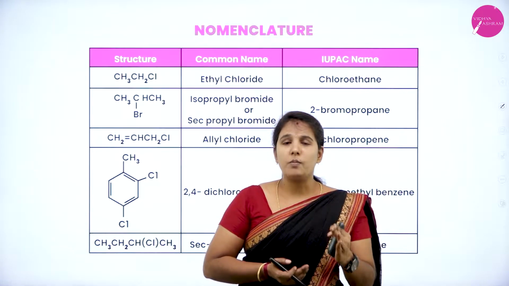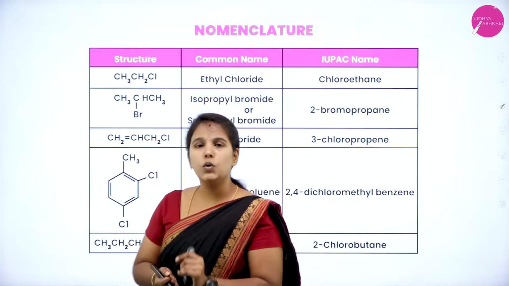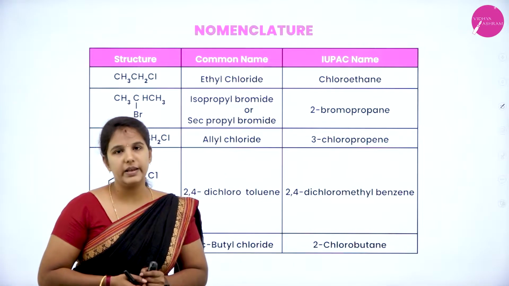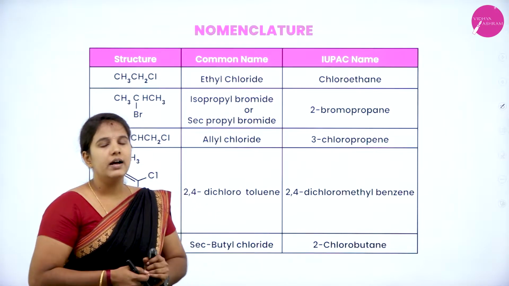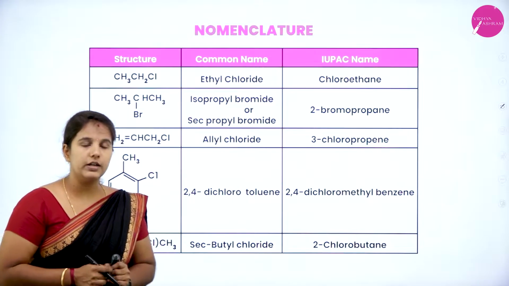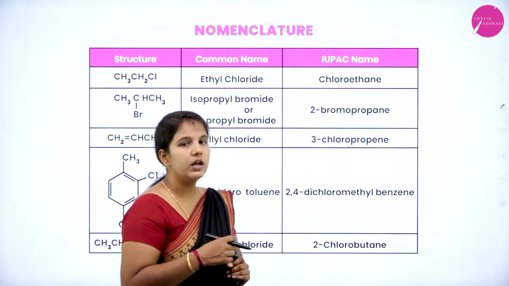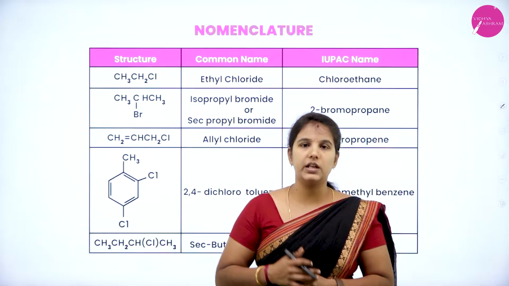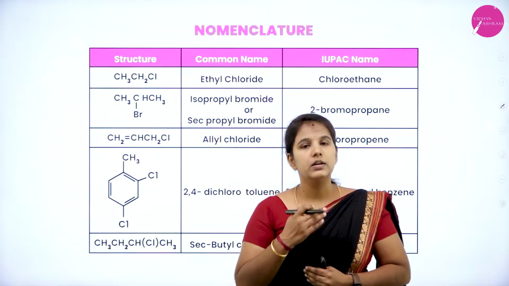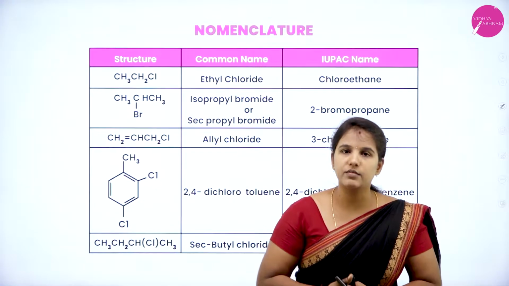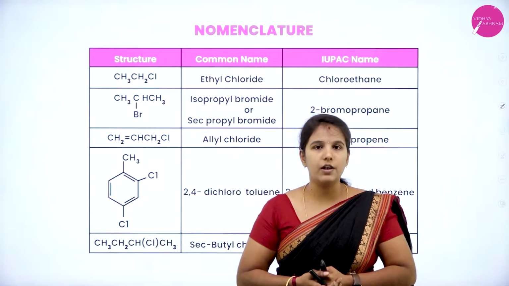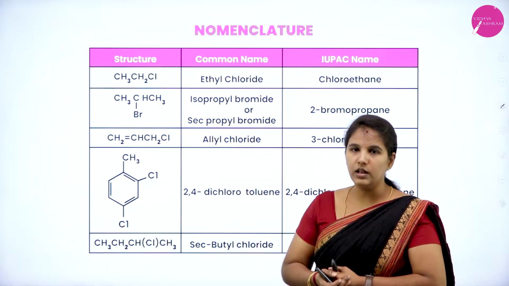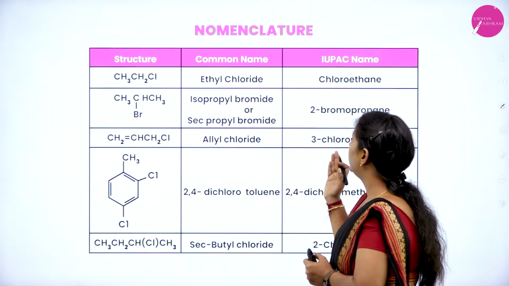Each and every compound in organic chemistry has its own name, and naming of such organic compounds we call nomenclature. In the nomenclature of haloalkanes and haloarenes, we are going to understand how the halogen atom is attached to the aliphatic carbon chain or to the aromatic carbon ring to form haloalkanes and haloarenes.